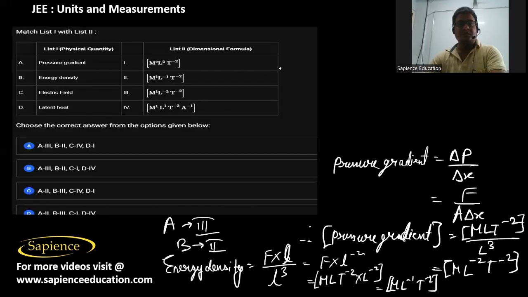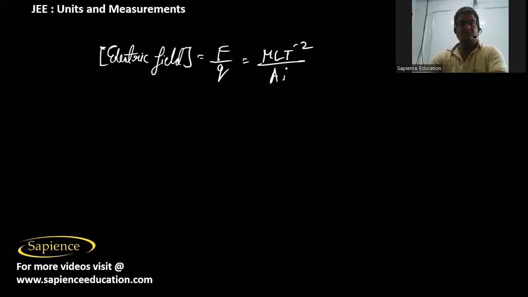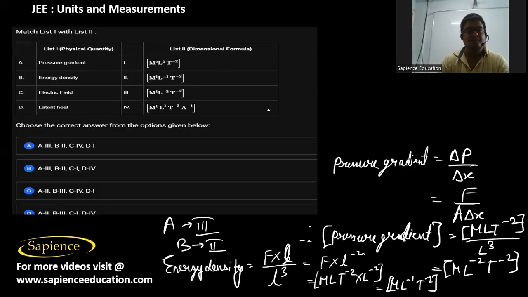Charge is current into time, so it is A into T. So this will be M L A power minus 1 T power minus 3. So C will match with 4.